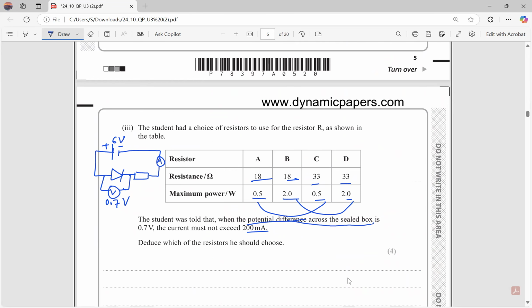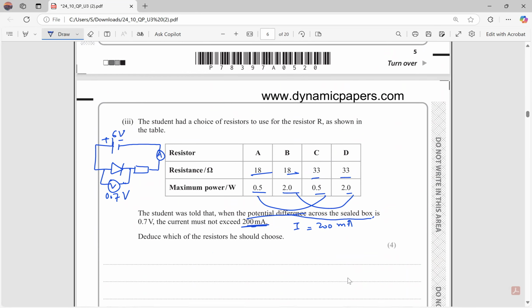So the current's maximum limit is given to us, that is 200 milliamps.